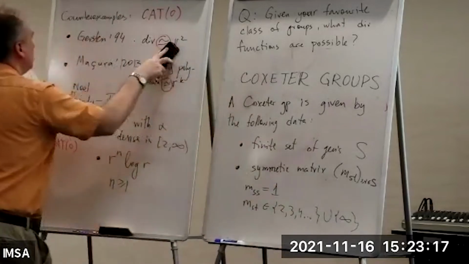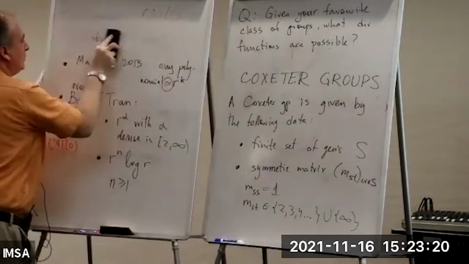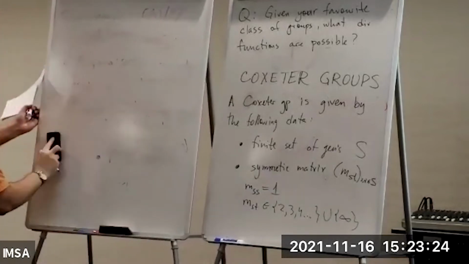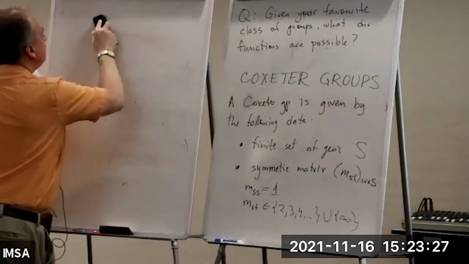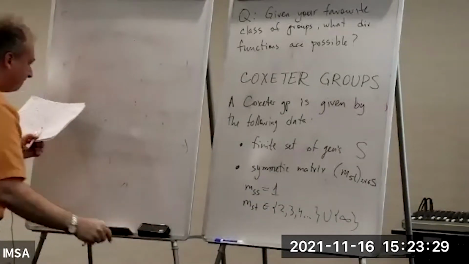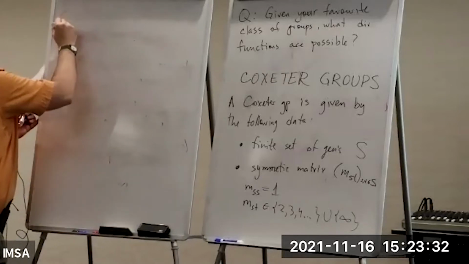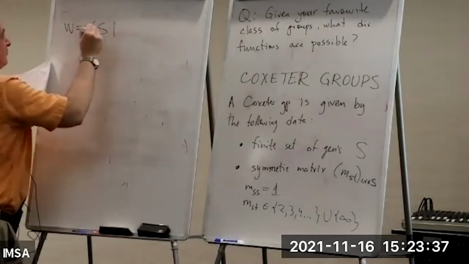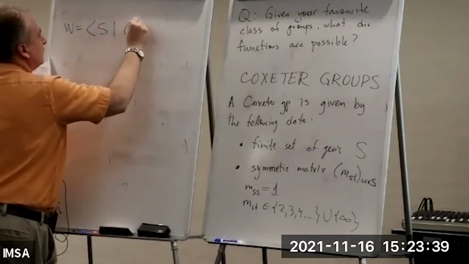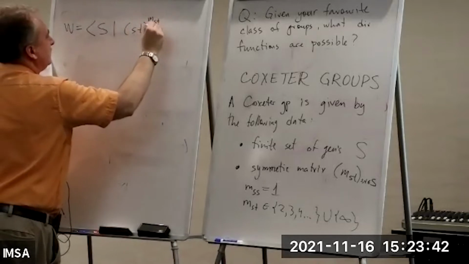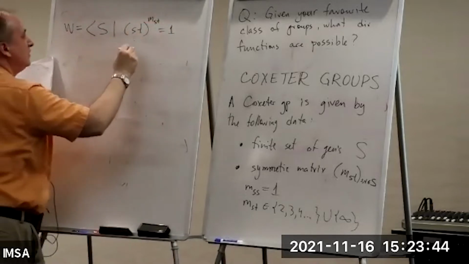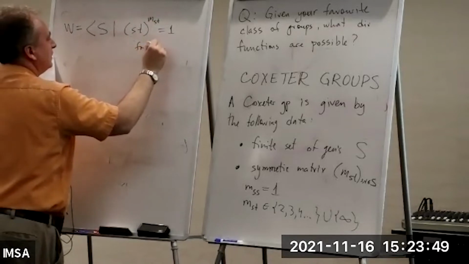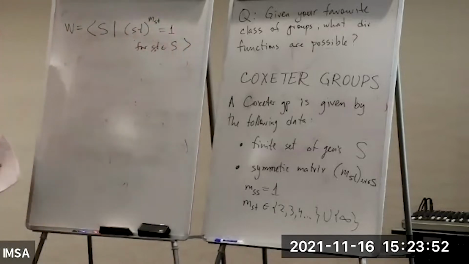And a group W is given by the presentation: generators S, with relations (st)^m_st equal to 1. What does it mean?